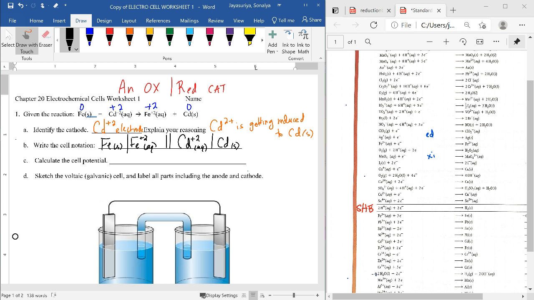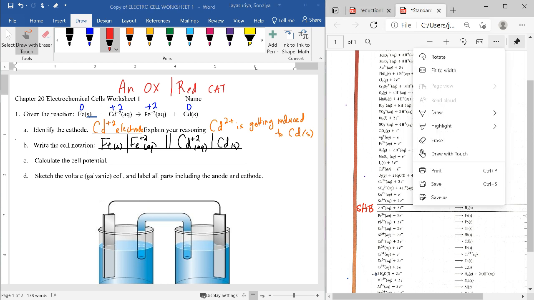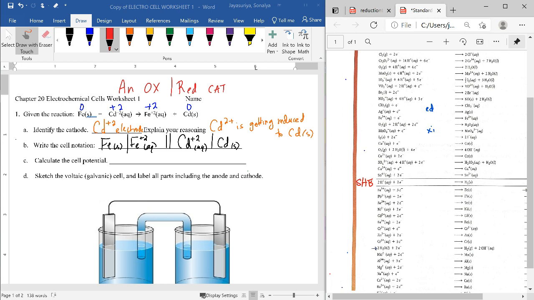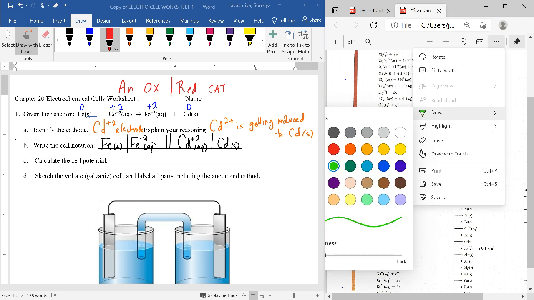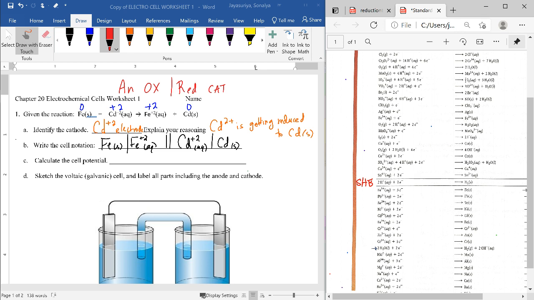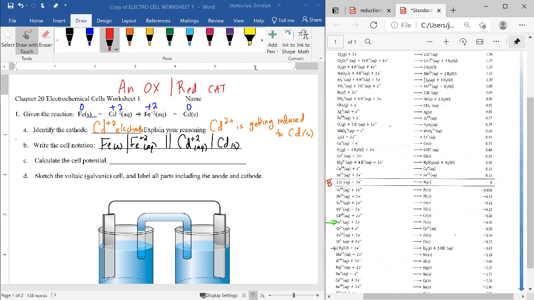Okay, now let's calculate the cell potential. So we need the numbers from our actual standard reduction potentials table. Right over here, I have iron 2+ right there. The number for iron 2+'s oxidation.